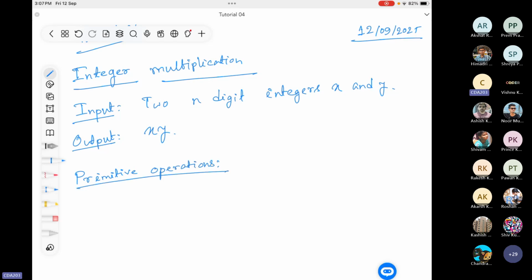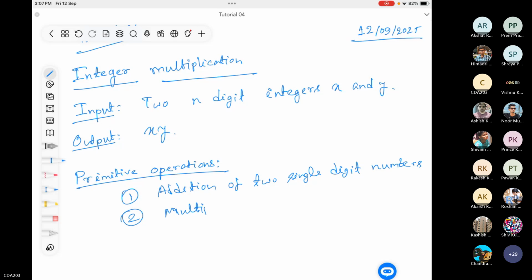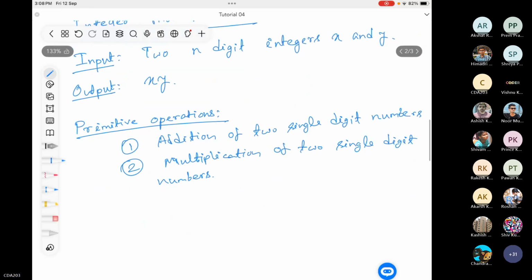One is addition of two single-digit numbers, and the other is multiplication of two single-digit numbers. So these two are the primitive operations that we do.